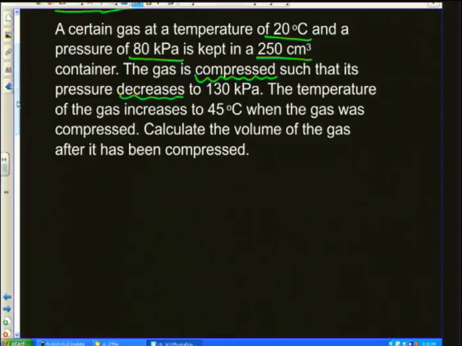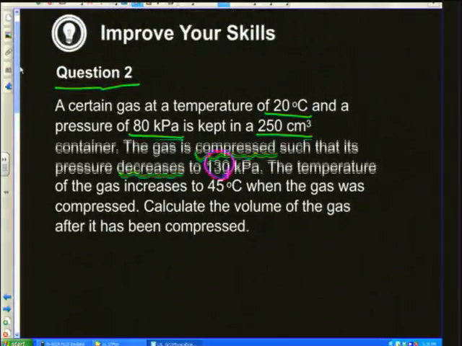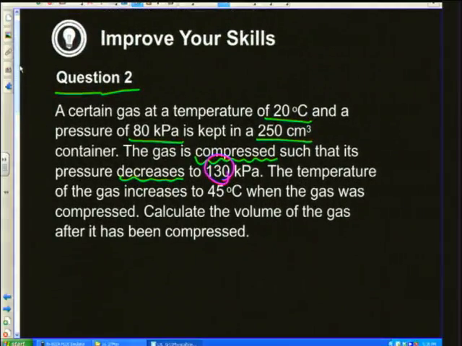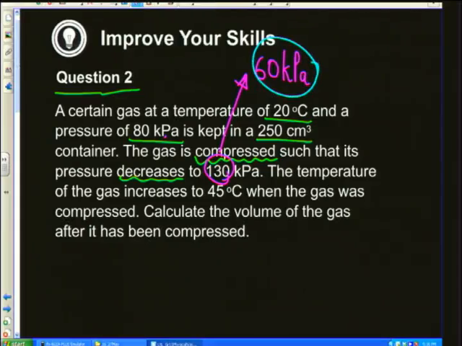Let me change this for you, a bit of a mistake here. Pardon me for that. It can't be compressed from 80 kilopascals to 130. If it is compressed, the pressure must get less. So compressed to 60 kilopascals. We're going to use that instead of the 130.